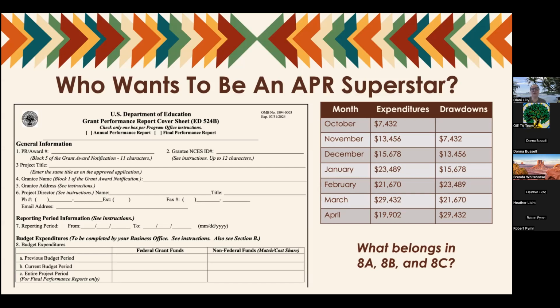The total amount I should be reporting in 8B is 81,725. Okay, great. For 8C, you should all have that blank. That should be nothing, leave it blank. Great job, APR superstars. Let's move forward.